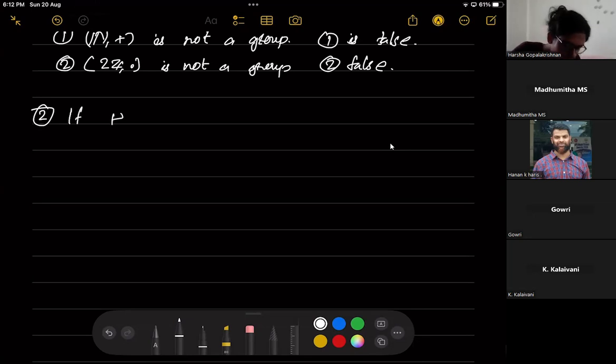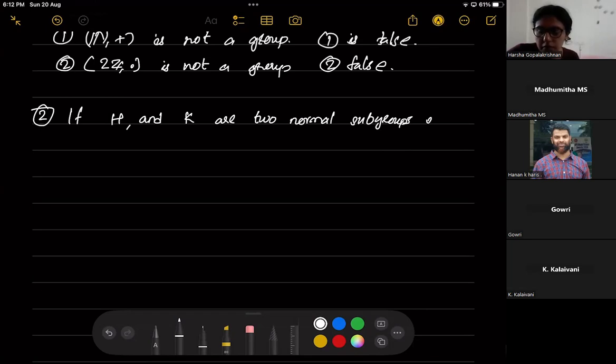So the given condition is H and K are two normal subgroups of G. We have already seen the definition of normal subgroup.